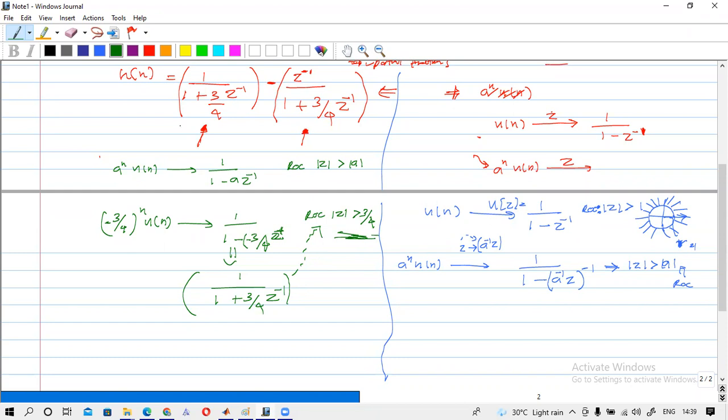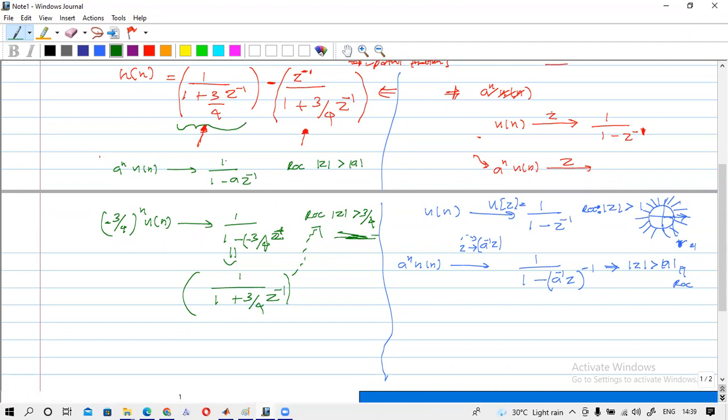Okay, now I think we have found the Z transform of this part. The inverse Z transform of this part we have already found. So what is that actually? That is (minus 3/4)^n u[n].